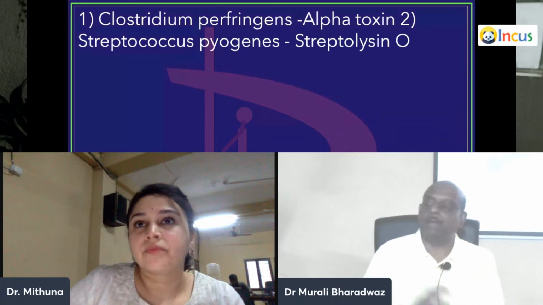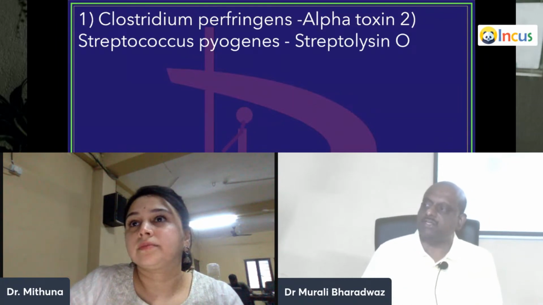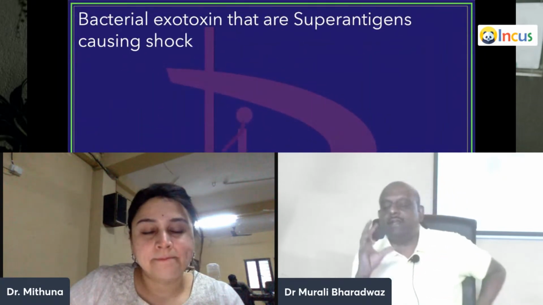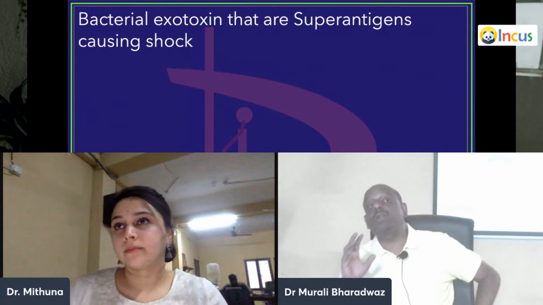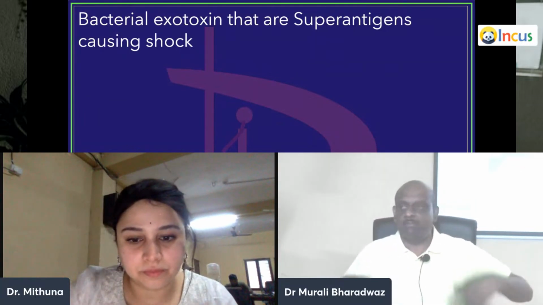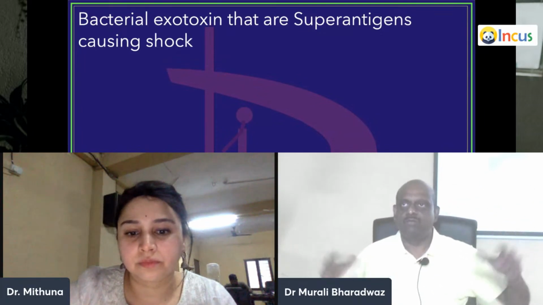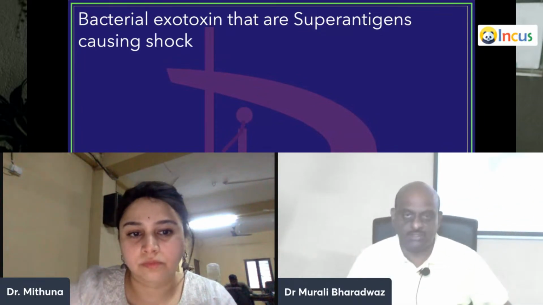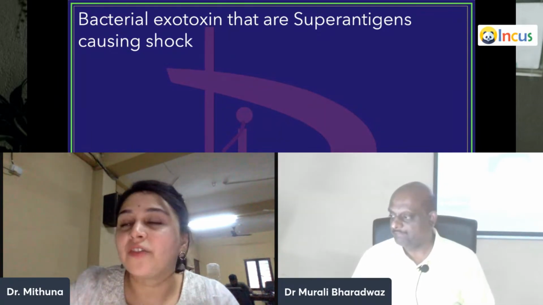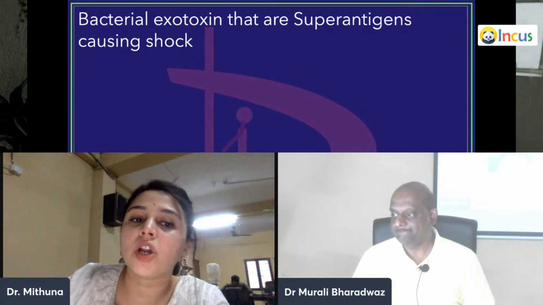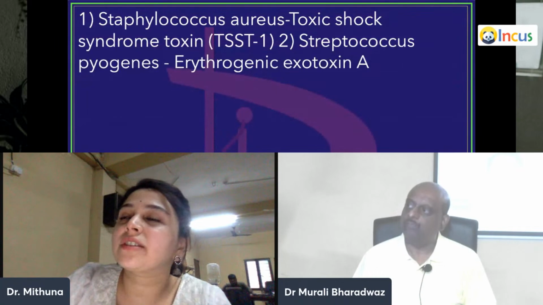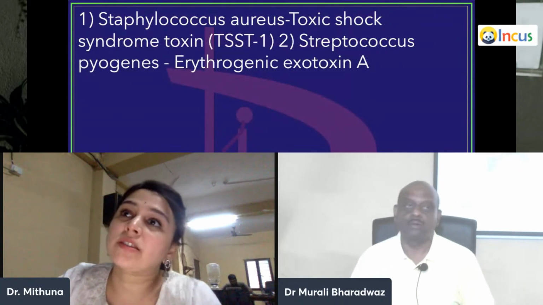The Clostridium perfringens, the alpha toxin, and Streptococcus pyogenes, streptolysin O. So, how we remember and reproduce it in tomorrow's exam is the challenge. Which bacterial exotoxin becomes a superantigen and will create a cascade of reactions that lead to the development of shock? It is Staph aureus, which produces toxic shock syndrome toxin, and Streptococcus pyogenes, which produces erythrogenic exotoxin A.